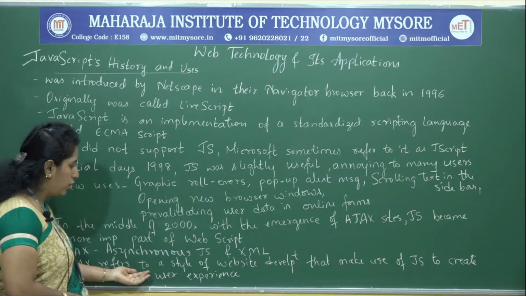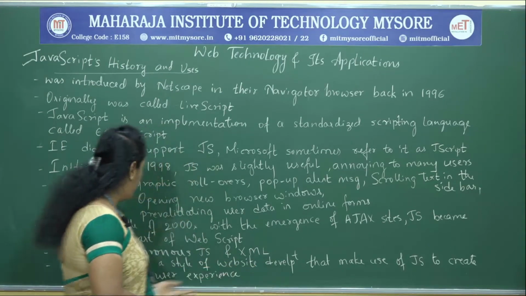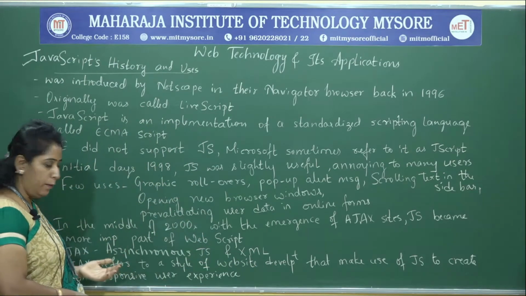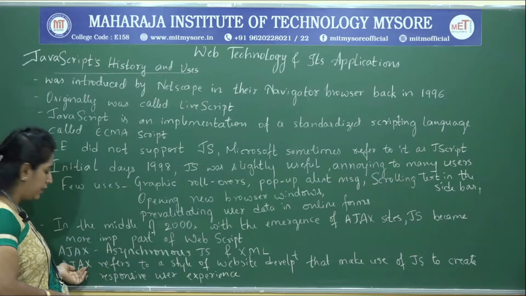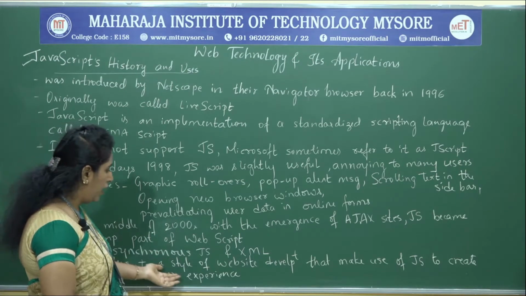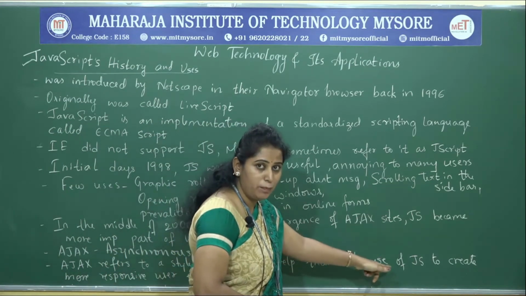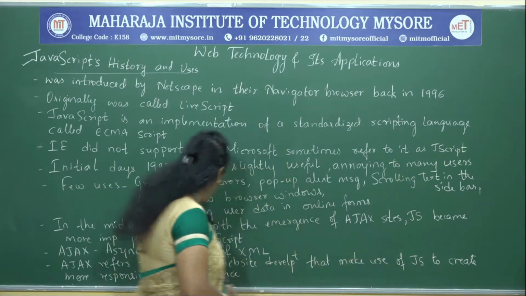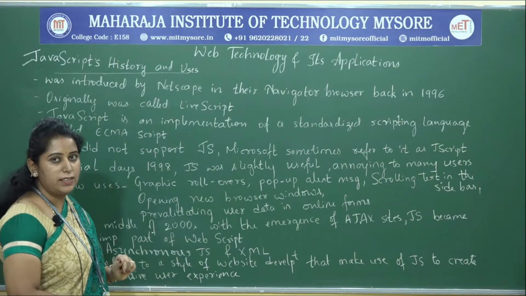Ajax refers to a style of website development. So, in order to develop a website, we are using Ajax. Ajax refers to a style of website development that makes use of JavaScript, okay, to create a more responsive user experience.